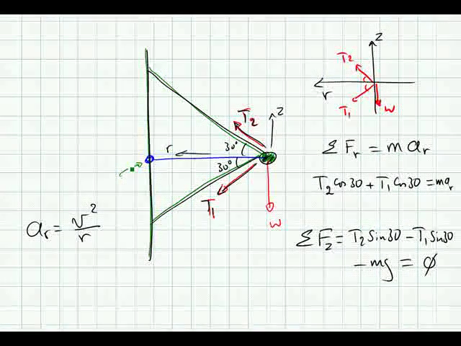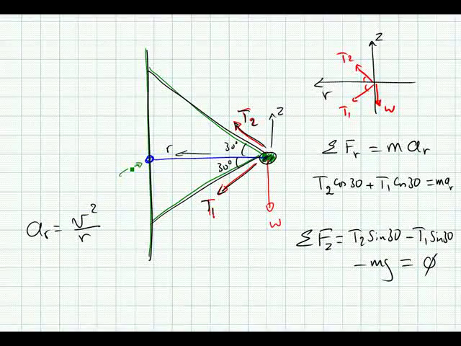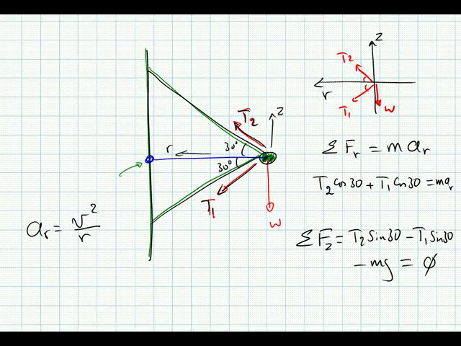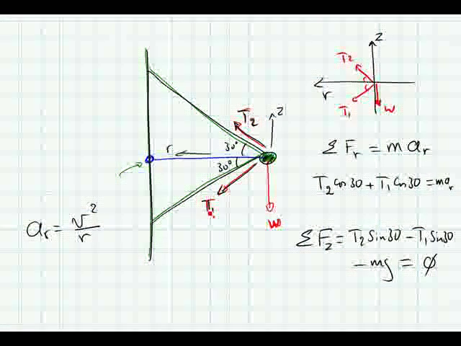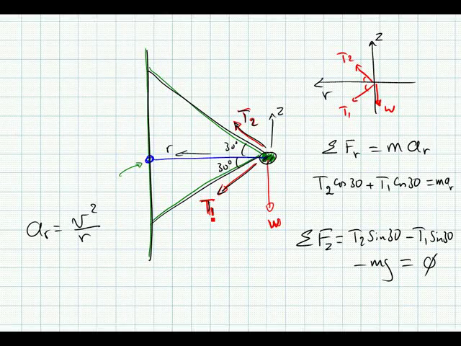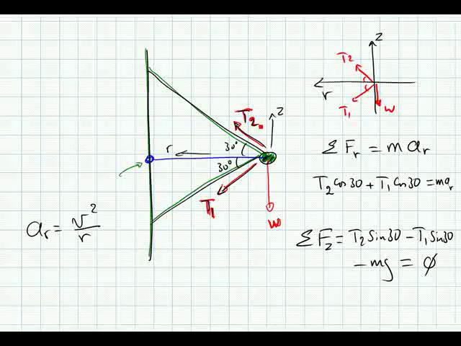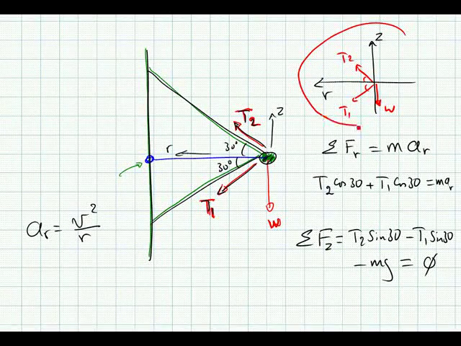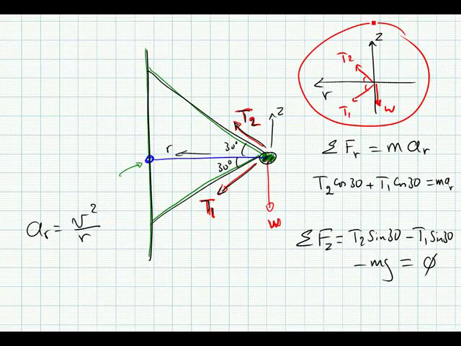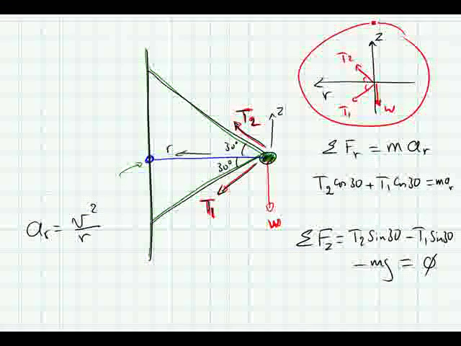So a free body diagram in this case, well, first of all, let's identify forces acting on the body. Well, of course, we have weight W acting downwards, and then we have tension T1 from the first rod and tension T2 from the second rod. And if you do a free body diagram, as I've shown here, let's look at the r-z coordinates.